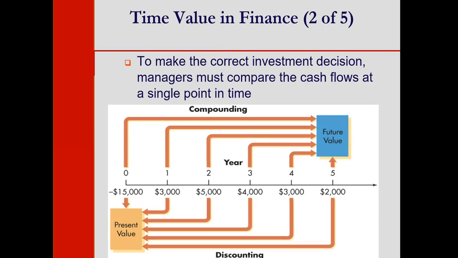To compare them, you either bring all these cash flows to the present time or take all of them to the future time, whichever way you want to adopt. This first cash flow, $15,000, is a cash outflow, which is why a negative sign is shown here.